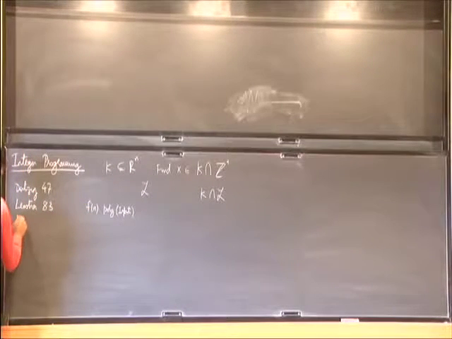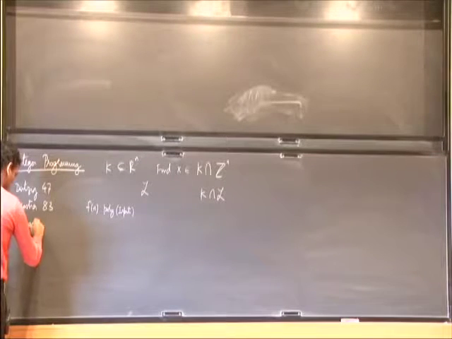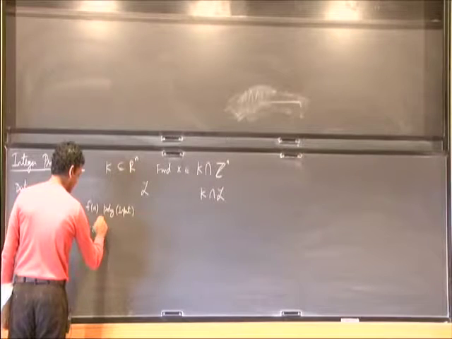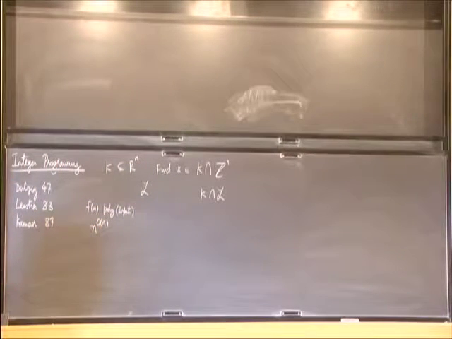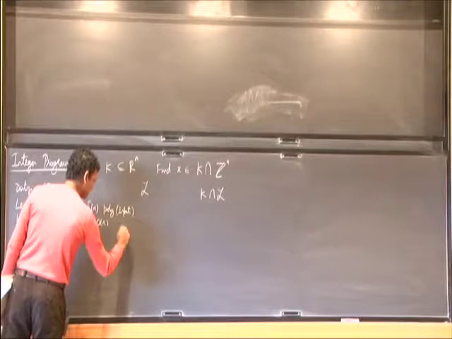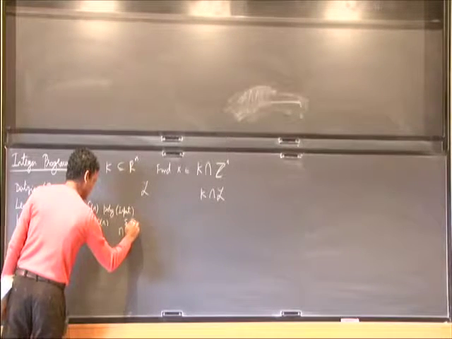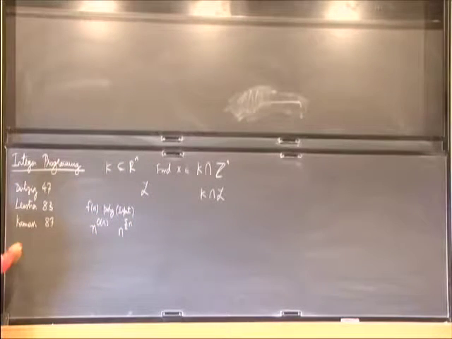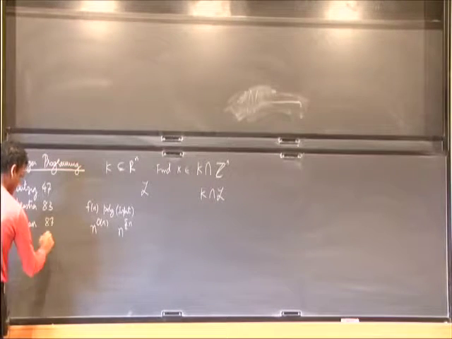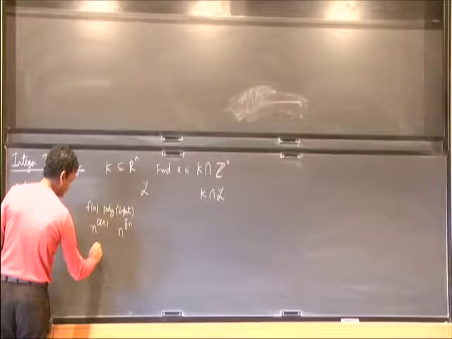Then in a dramatic improvement, Kannan in '87 made it n to the order n, and there's essentially been no improvement since then. There's been a small improvement. If you look at the exponent, it's n to the 5/2 n, and Hildebrand and Köppe in 2010 made it n to the 2n.